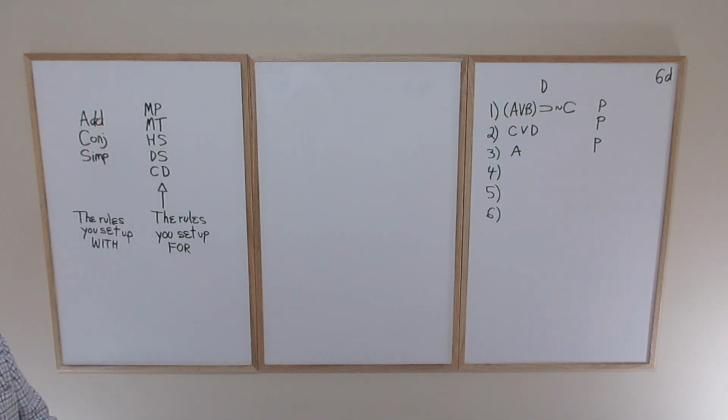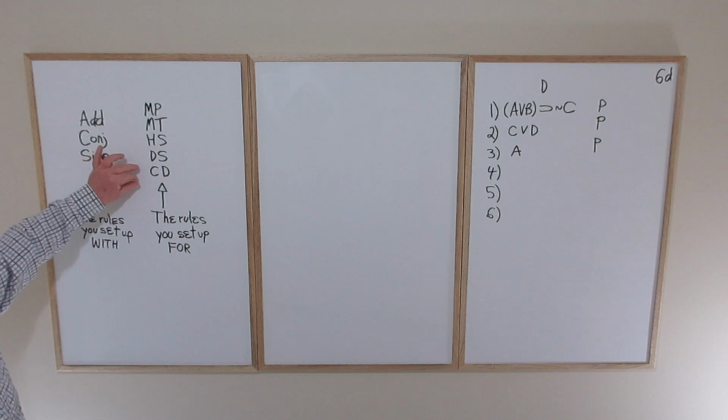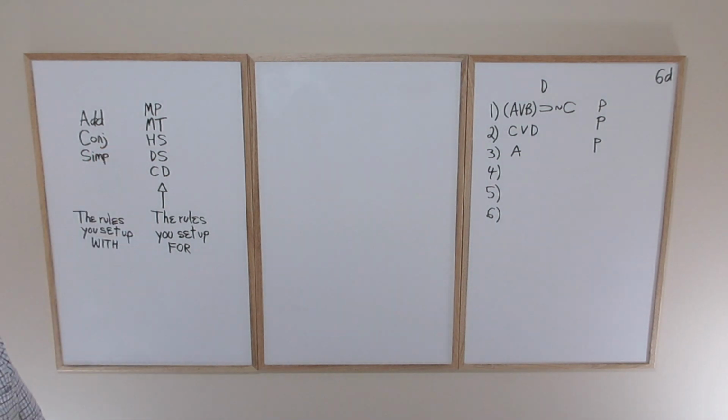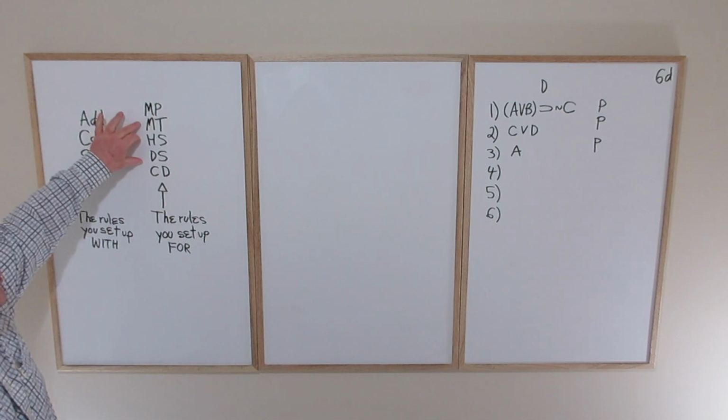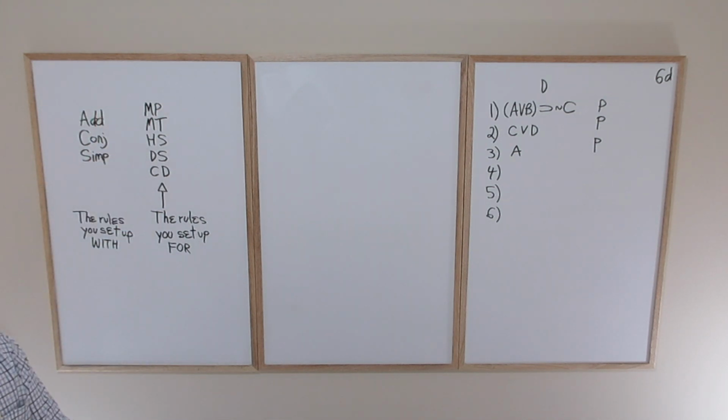All 5 of these rules involve the use of similar information from 2, or in the case of constructive dilemma, 3 different lines. So you are bringing together different parts of your information set in order to infer new information whenever one of these 5 rules are used.